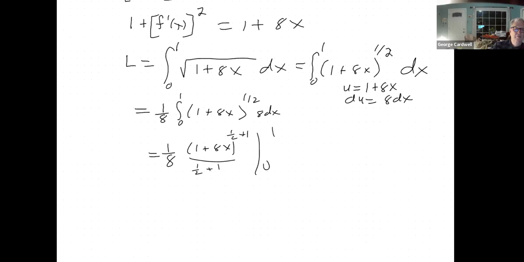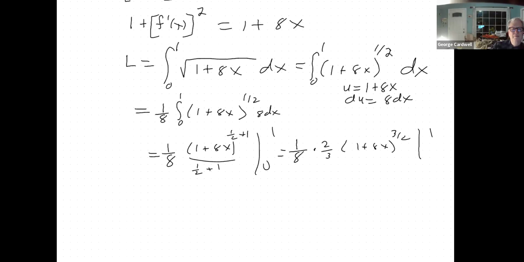We're going to clean that up a little bit. This will be 1/8 times, this is 3/2, same as multiplied by 2/3, 1 plus 8x to the 3/2.